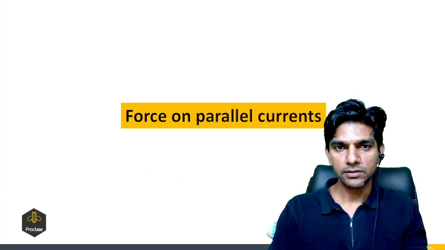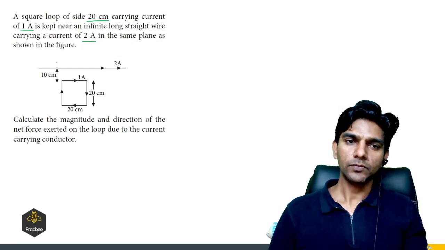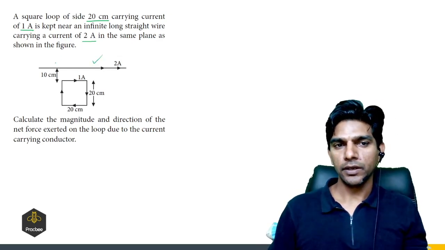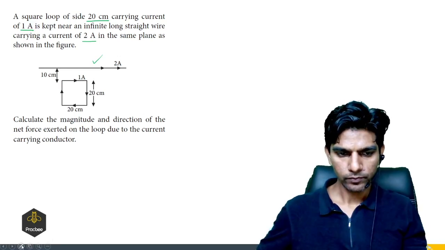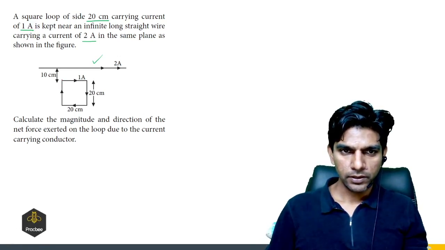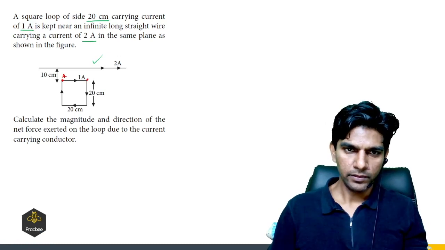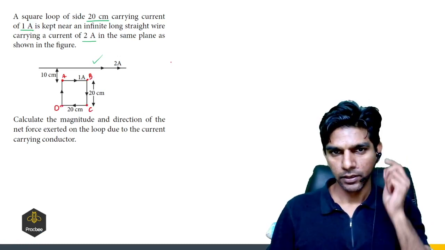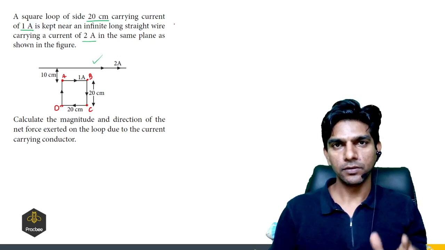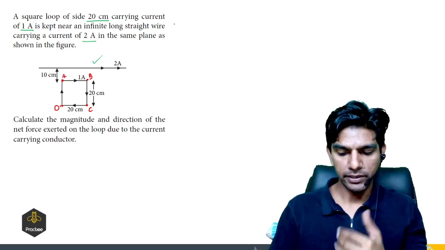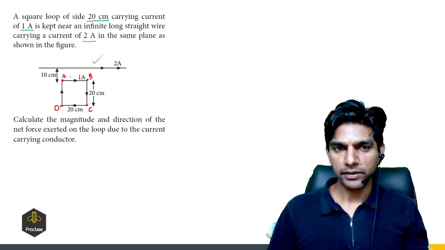Let us apply this concept to solve this question. So we have given an infinite current carrying wire, and we have a square loop. So let us say this point is A, this point is B, this point is C, and this point is D. Now this AB has a length 20 centimeter, and we have seen if there are two parallel currents in the same direction, they will attract each other.